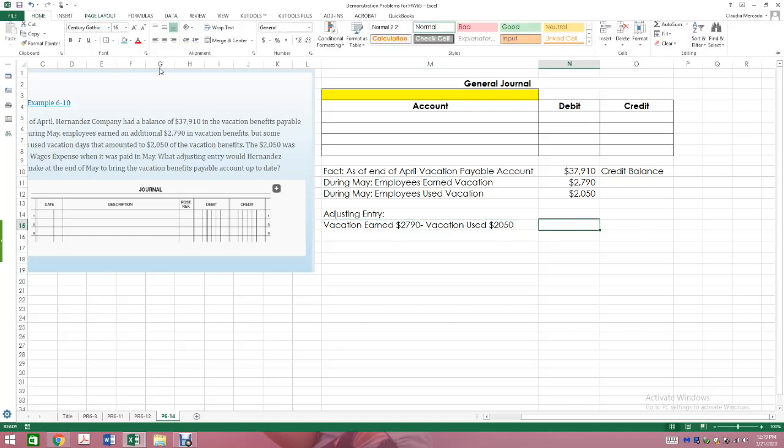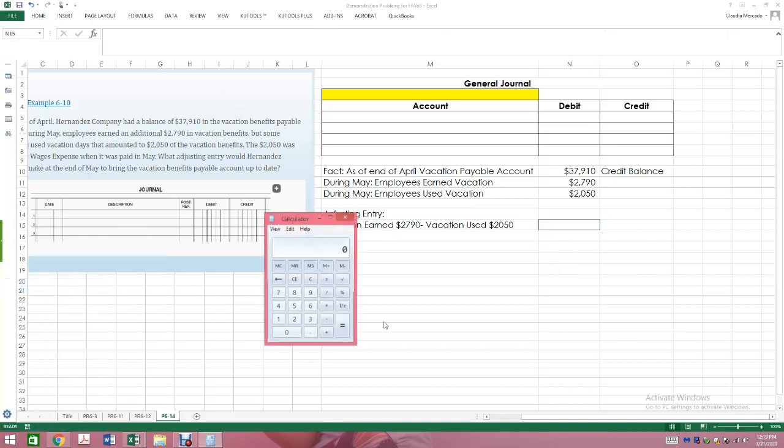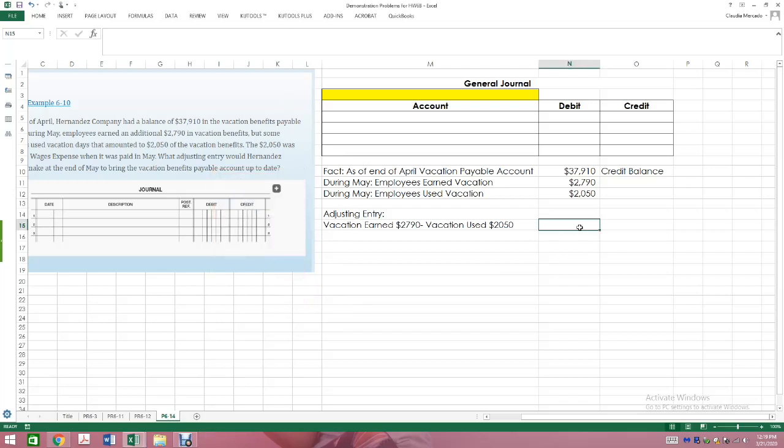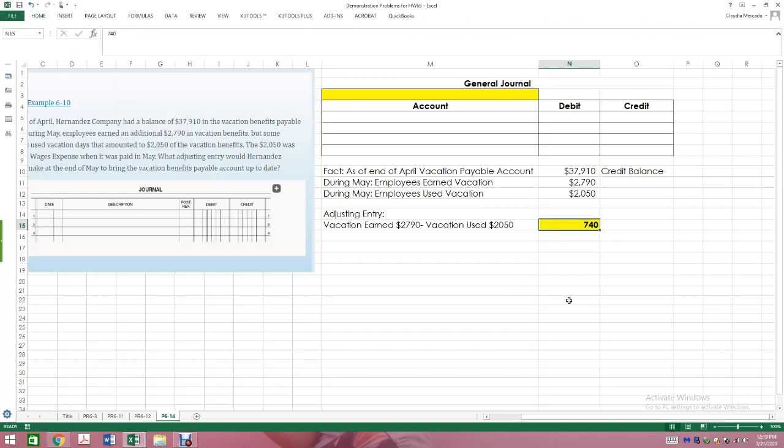So the amount of the adjustment would have to be $2,790 minus $2,050, $740. That is the amount that the adjusting entry has to be for: the vacation earned minus the vacation used. Our vacation payable account is going to increase by $740.